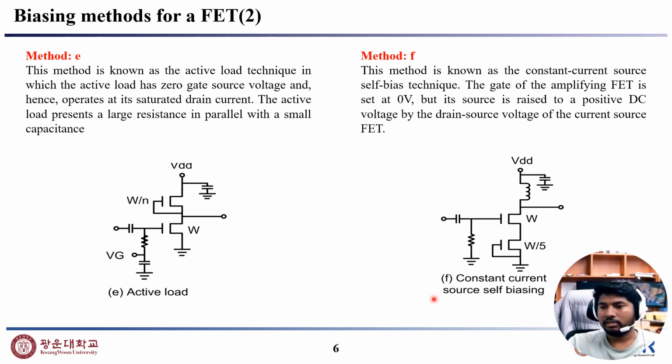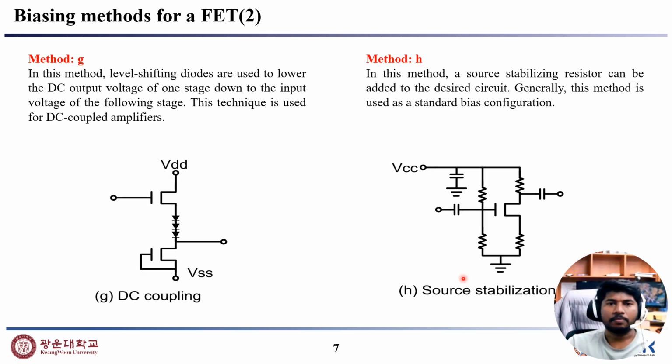Method F is called the constant current source self bias technique, and in this method the gate of the amplifying FET is set at 0 volt, but its source is raised to a positive DC voltage by the drain source voltage of the current source FET.